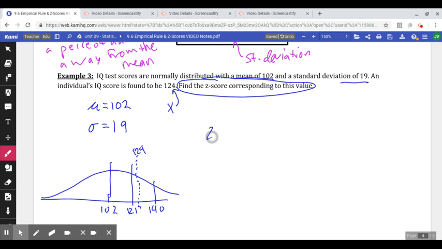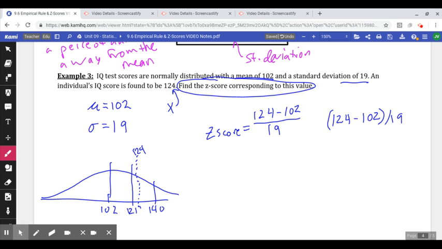To find your z-score, you can use the formula we just talked about, which is our data piece minus the mean, that's 102, and then you divide that by the standard deviation, which is 19. If you type this into your calculator, you're going to want to do a left parenthesis, 124 minus 102, close that parenthesis, and then divide it by 19.